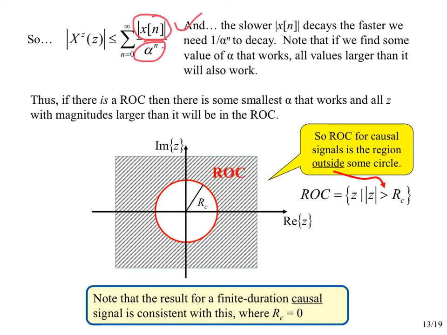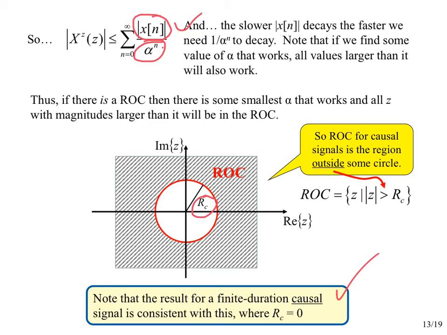And so we can deduce that this is the general form of the region of convergence for a causal infinite duration signal. And we can tie this back to the result that we saw for the causal finite duration signal. So r sub c here is just the radius of the circle for which this particular z-transform result converges, or sets the region of convergence outside of that circle.